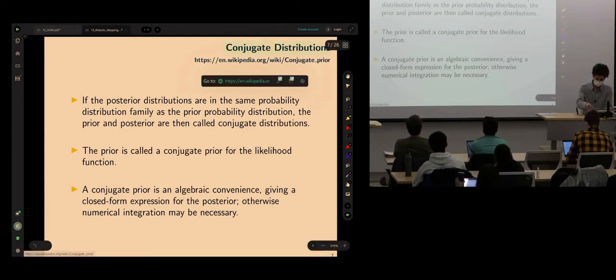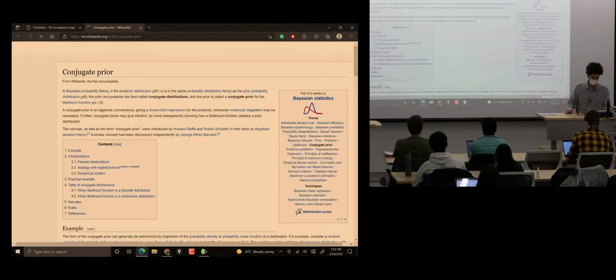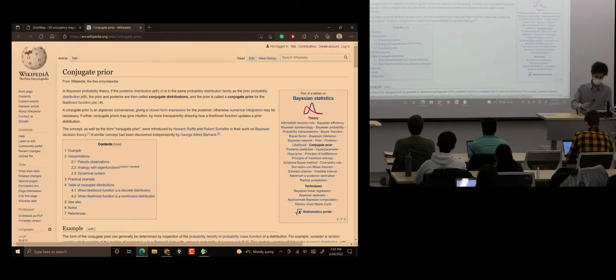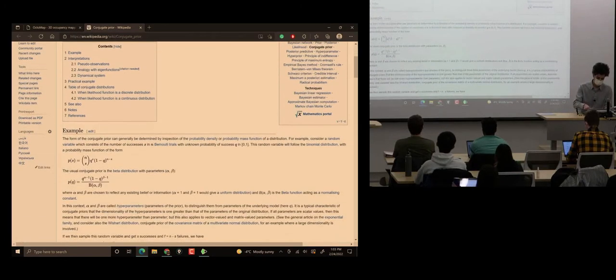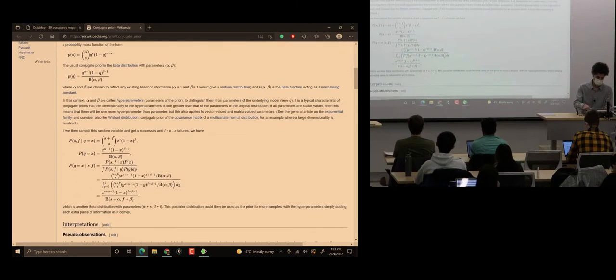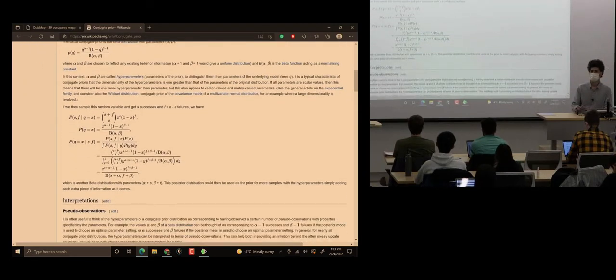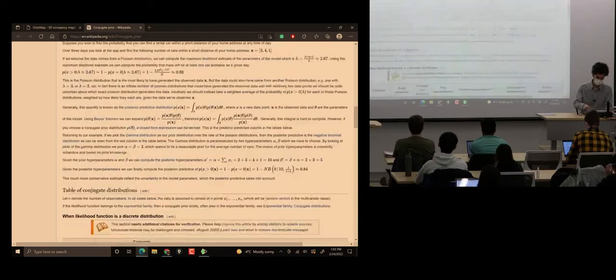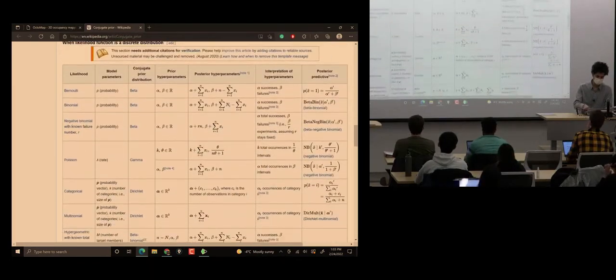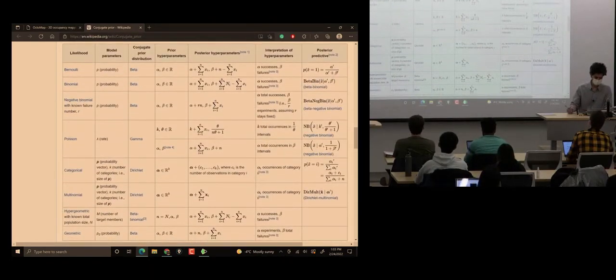Now, you can read about conjugate distributions here. It's a special case of seeing Bayes rule when there are particular distributions that, when they interact, we can know the result. There is a table here of what is conjugate to what.